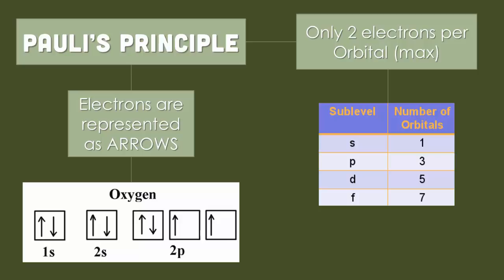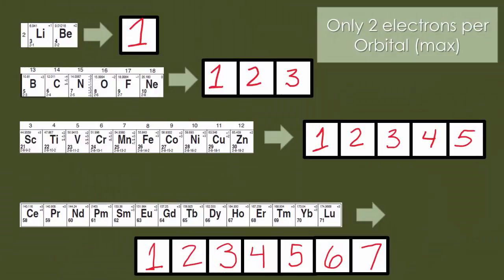If you pay very close attention, because it says only 2 electrons per orbital, if you multiply all those numbers by 2, you're going to get the same number of electrons that we just covered. So looking at the very top left, we have lithium and beryllium. You'll notice that there is 1 box because those 2 electrons can be fit into 1 box, because that's part of Pauli's rule.